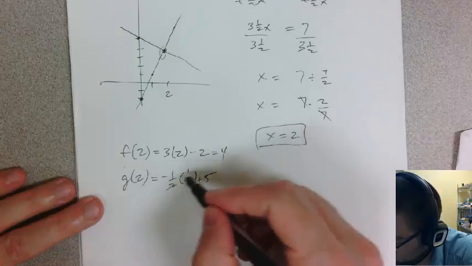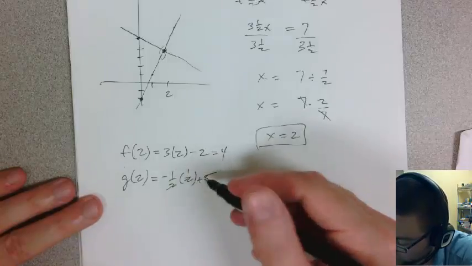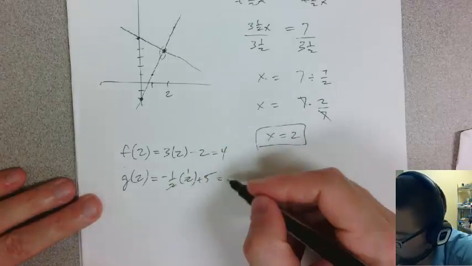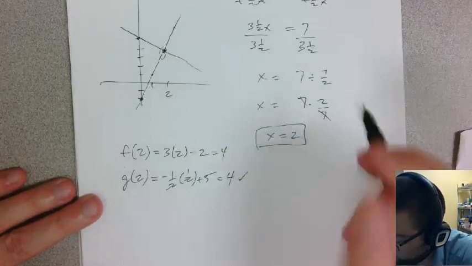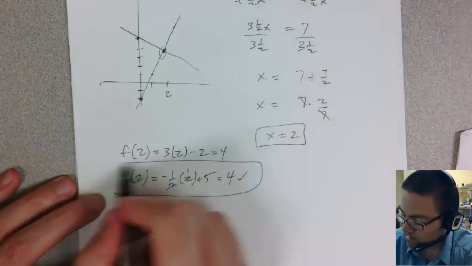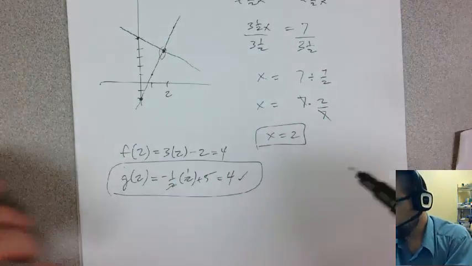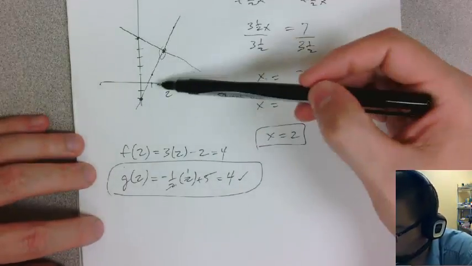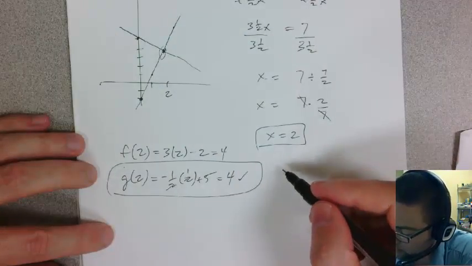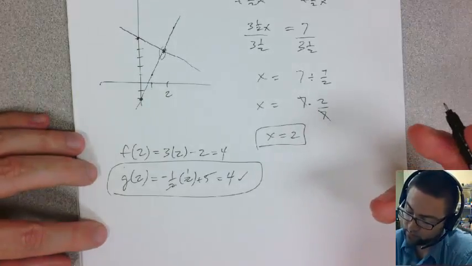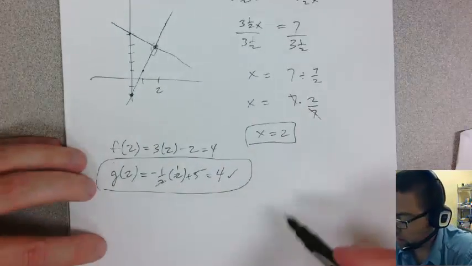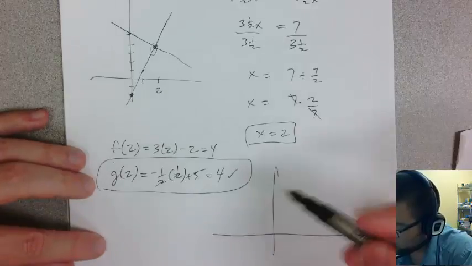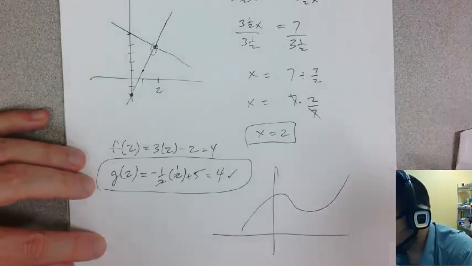So this is negative 1 times 1, which is negative 1, plus 5 is also 4. So that checks out. That's my check step. So what it means is that the two functions are equal to each other when your x value is equal to 2.